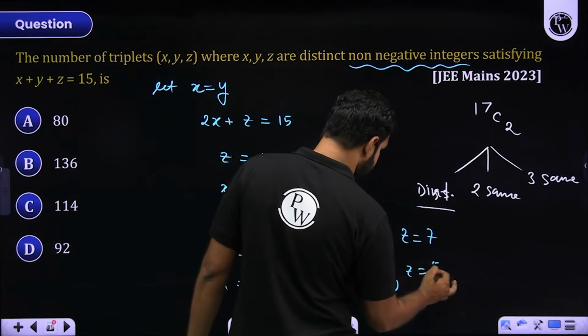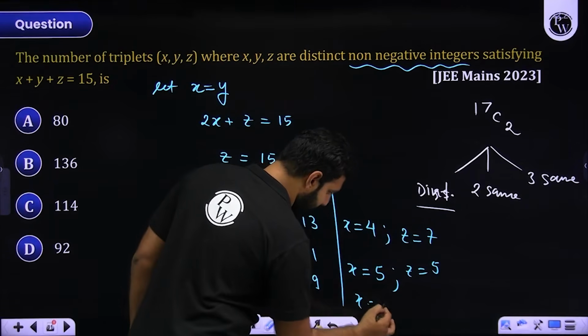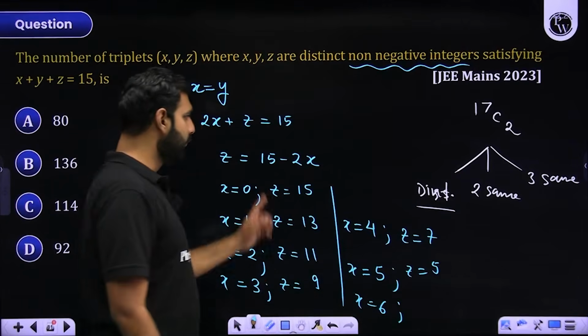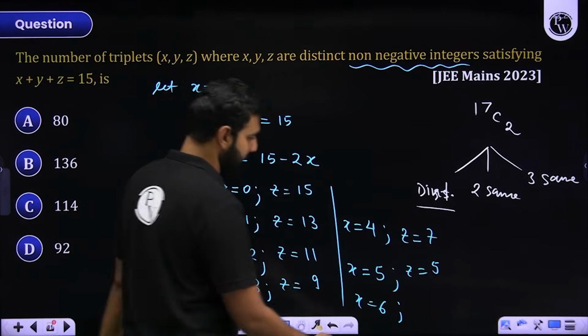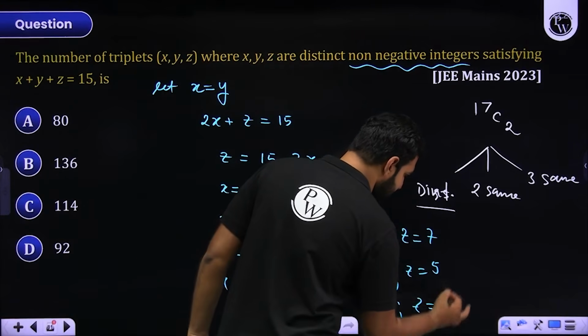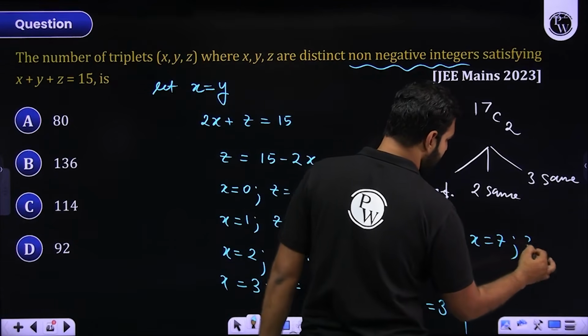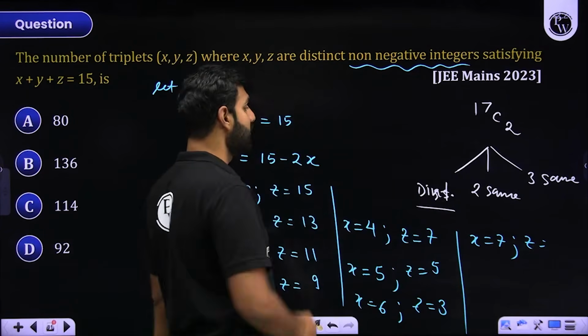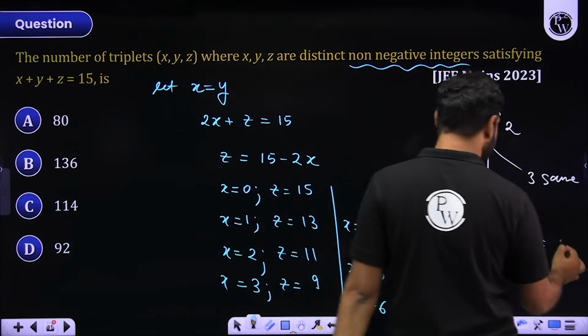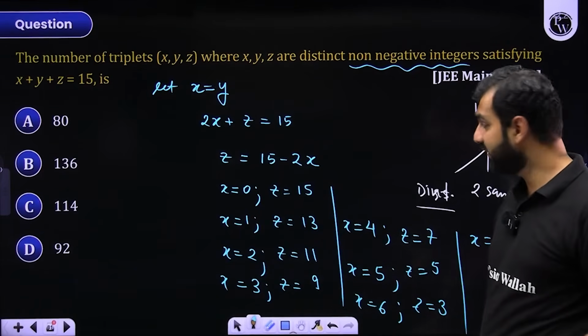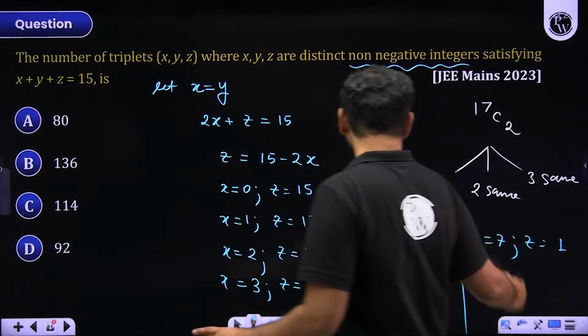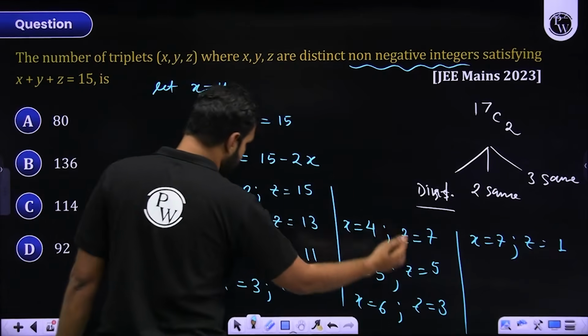Logically, up till now, it is fine. Even with x being 6, 15 minus 12, which is 3, that is also fine. Even with this case here, when I take x as 7, that is also perfectly fine, because when x is 7, z will be 1. What I'm trying to make you understand is that all these 8 cases you would have been able to think by yourself.